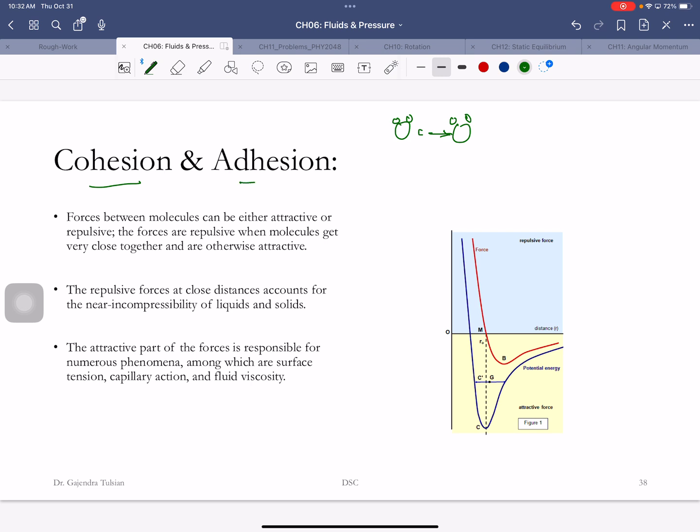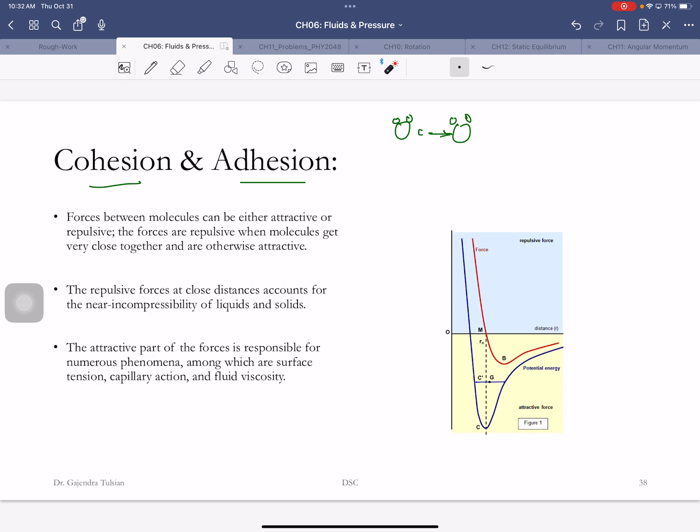Adhesion is the force of attraction between dissimilar molecules. So for instance, cohesion is the attraction between two water molecules, and adhesion would be the force of attraction between water and glass, or water and the table. So adhesion is the force of attraction between two dissimilar molecules.